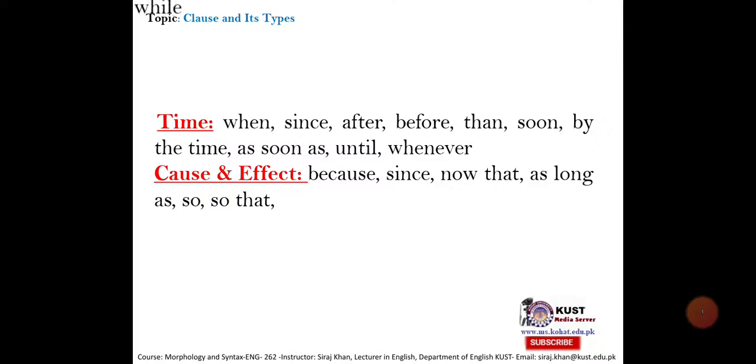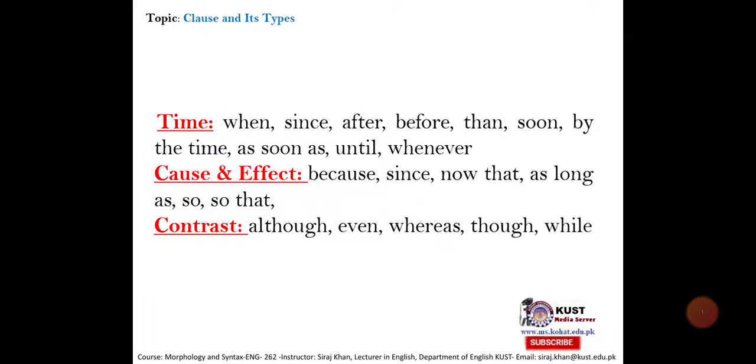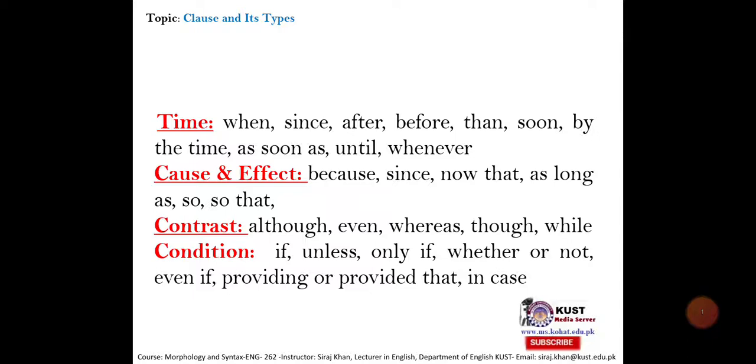And it can modify a verb of the main clause in terms of contrast, like although, even though, whereas, though, while. It can modify the verb of the main clause in terms of condition, like if, unless, only if, whether or not, even if, providing or provided that, in case. These are some of the subordinating conjunctions that modify the verb of the main clause.